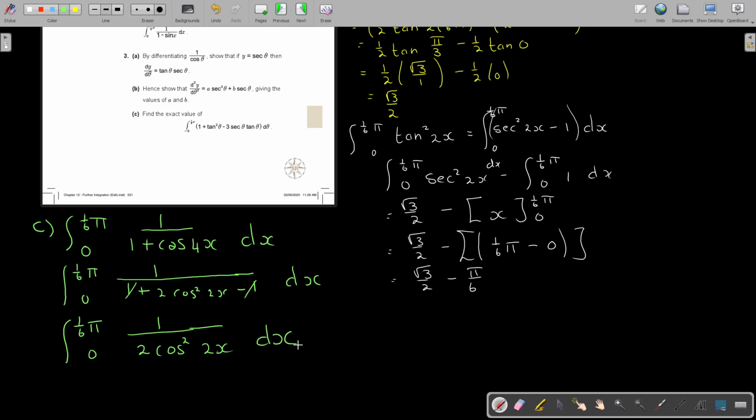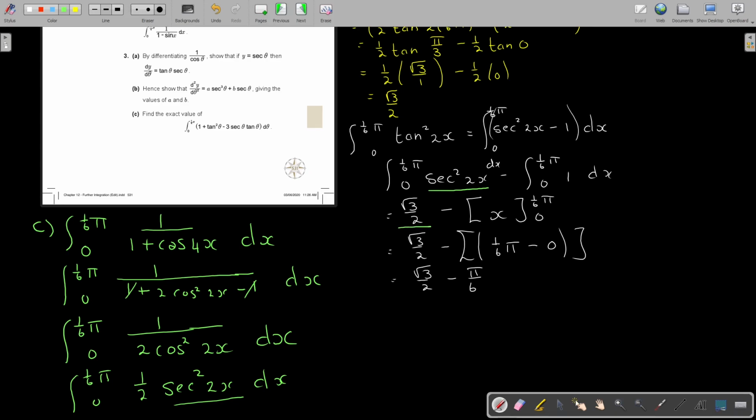dx. Okay. Now, don't forget, if you're going to take it up, it's going to be a half, and then the integral of sec squared 2x dx. So basically, I'm ending up with this sec squared 2x, and that is just the half in front. So I can basically use this part.